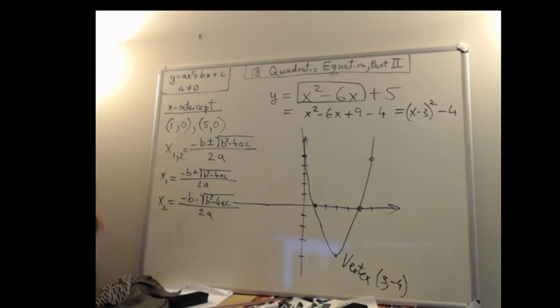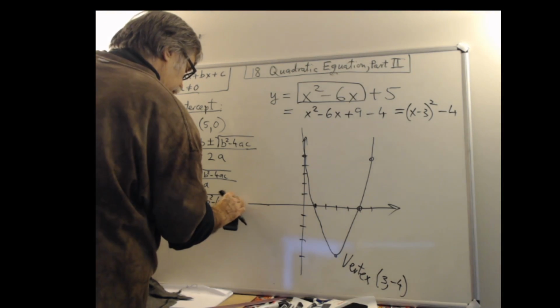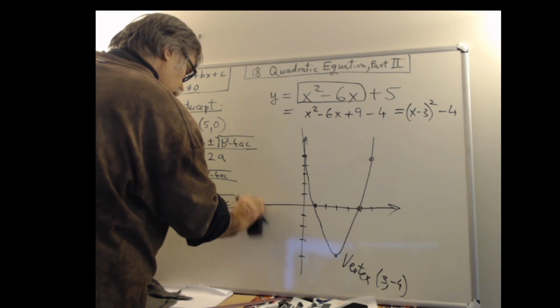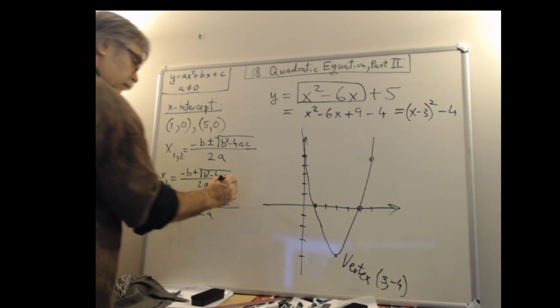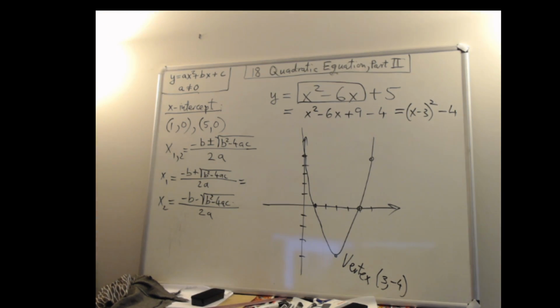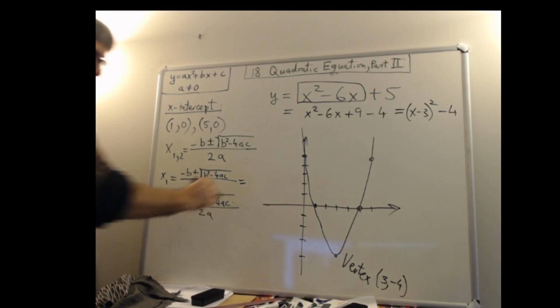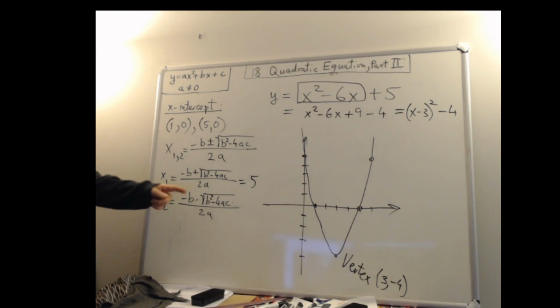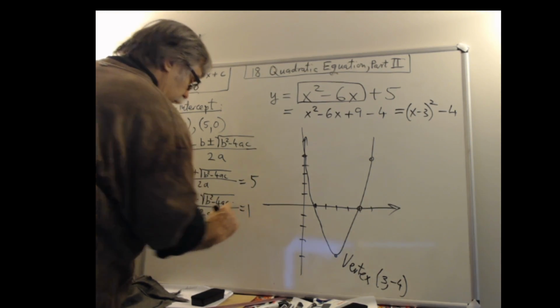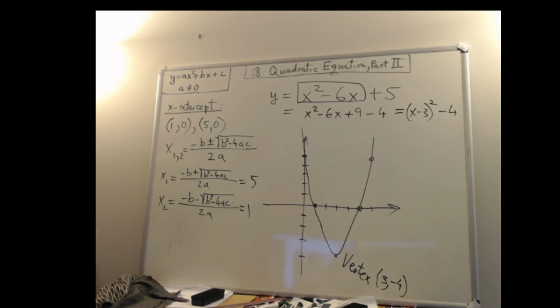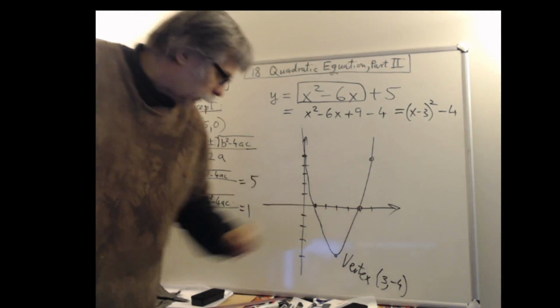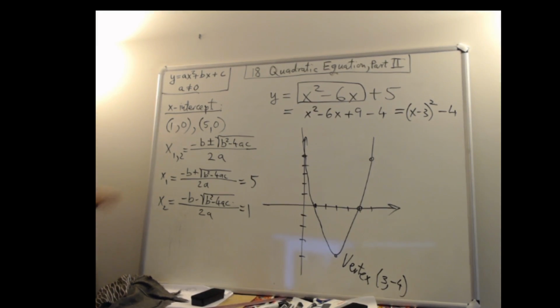Now I'm not going to do that. I'm going to leave that to you. This is your exercise. But if you do that nicely, this first one will turn out to be 5. And this second one will turn out to be, guess what? 1. 1, 5. You check it out.